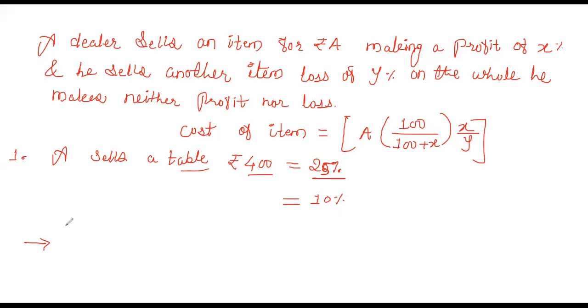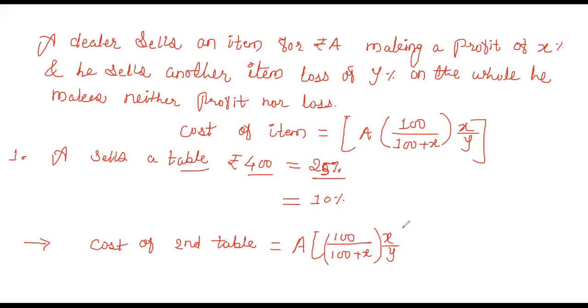So the cost of the second table is equal to A into 100 divided by (100 plus X) into X by Y. What is the value of A?